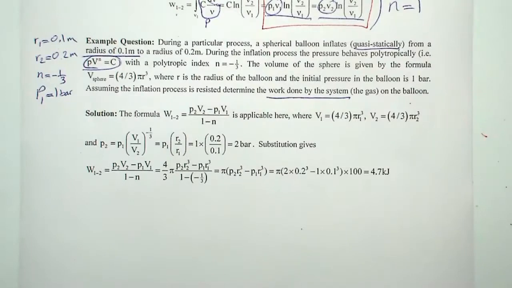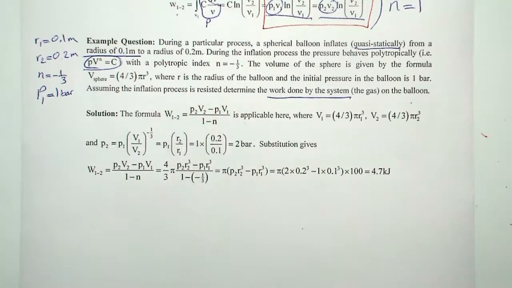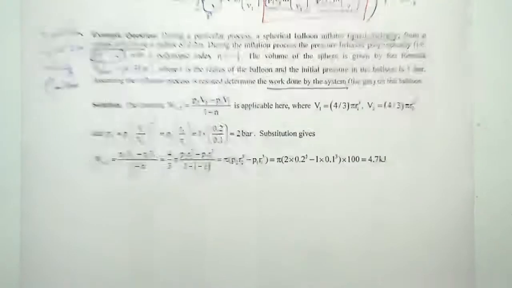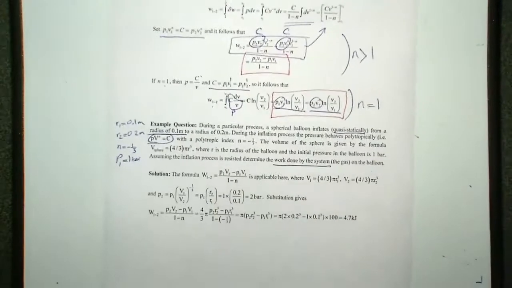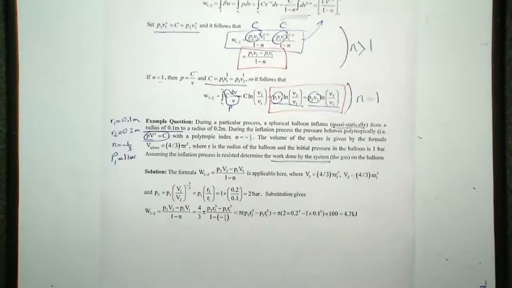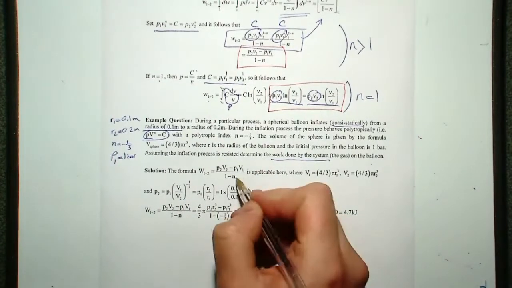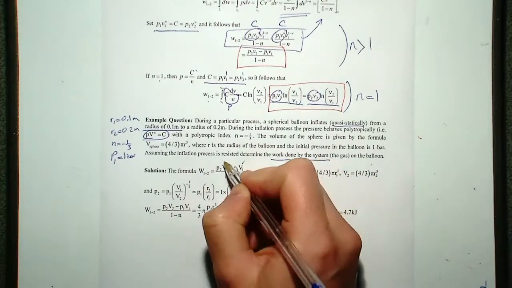Looking at the equation from the formula sheet, this is the formula which we want to be using. This is the one that we just derived earlier. Now, if you think about this equation, we know the value of n. We can work out the value of V1 and V2.